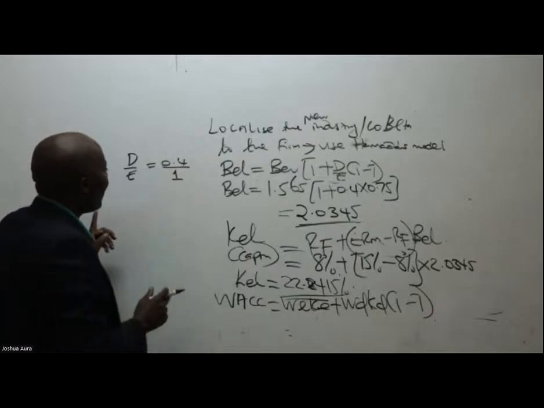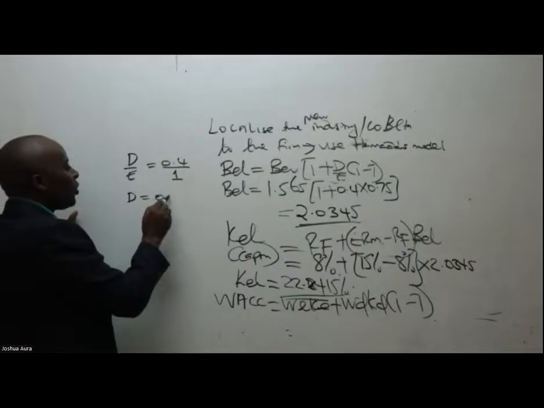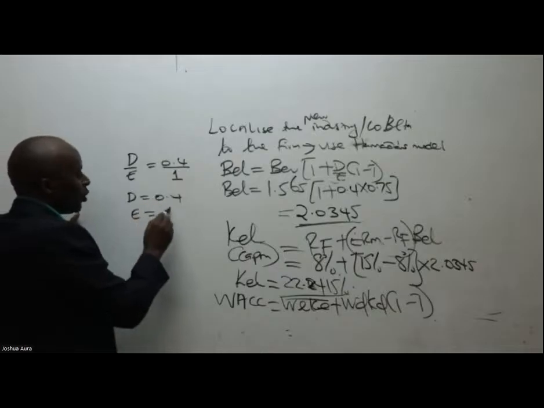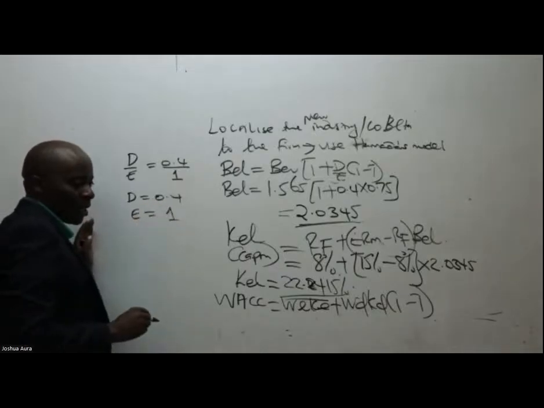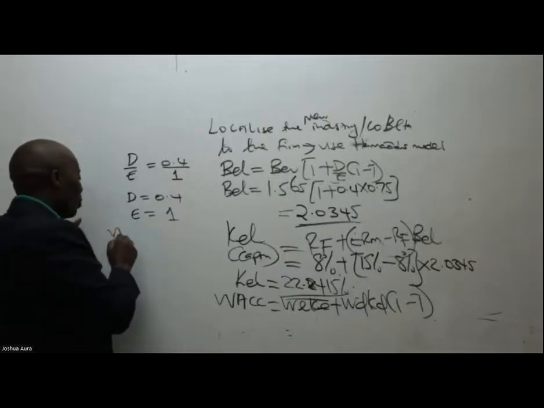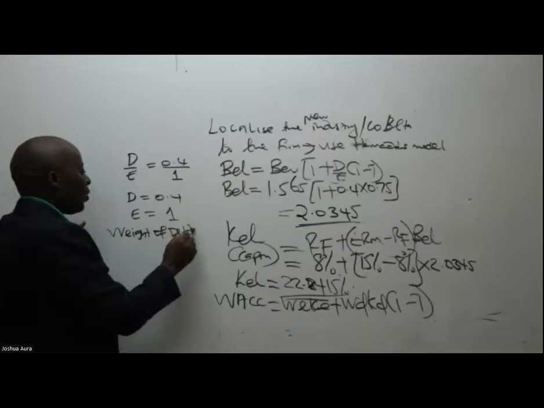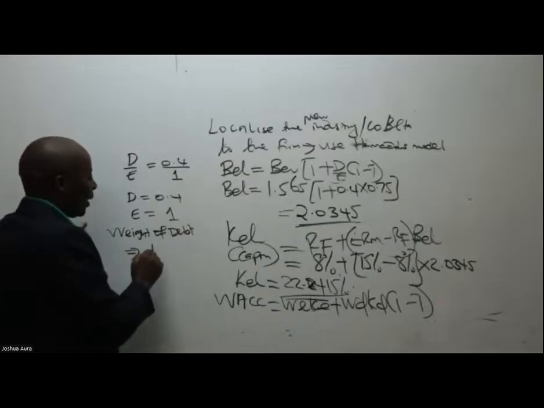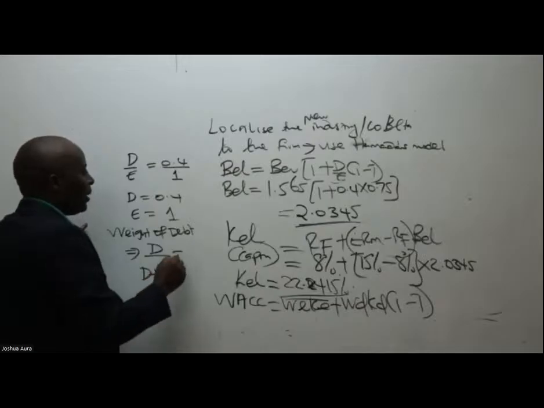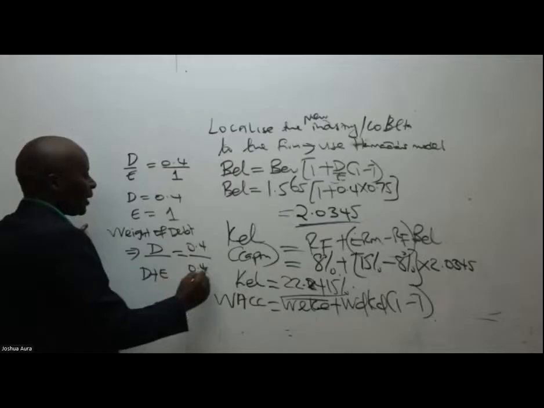So debt, in short, is 0.4, and equity, in short, is 1. When you want to get the weight of debt, it will be debt over debt plus equity. Debt is 0.4 over 0.4 plus 1.